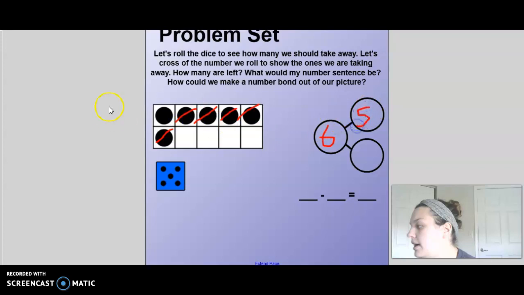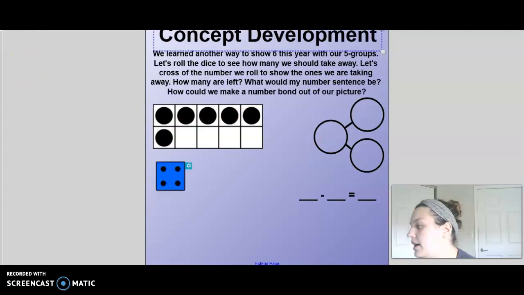Equals how many are left? Just my 1. Okay, so now I have 6, because my whole goes first, minus I took away 5, the dice told me to take away 5, equals my 1 left. Great job.